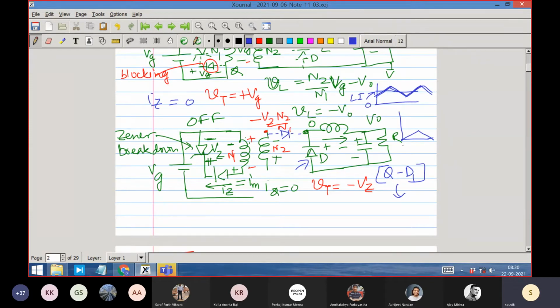Here, as I said in the last class, it may start from 0 and go up and down, which happens in this converter, which is not such a magnetically optimum converter, or it can even start from negative and go like that. That is the ideal transformer flux level.